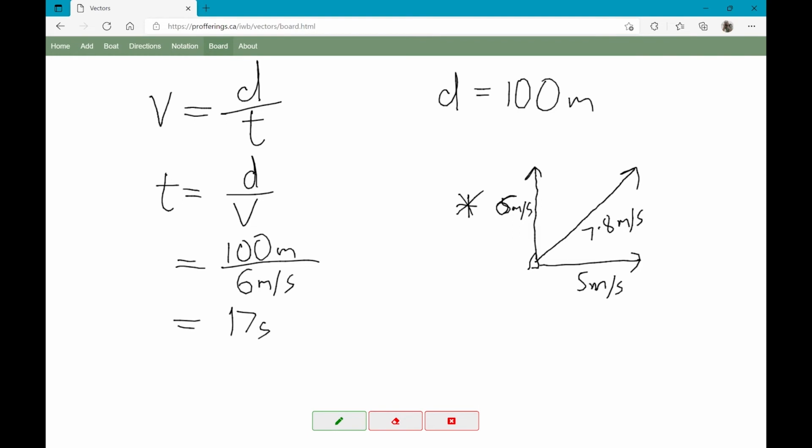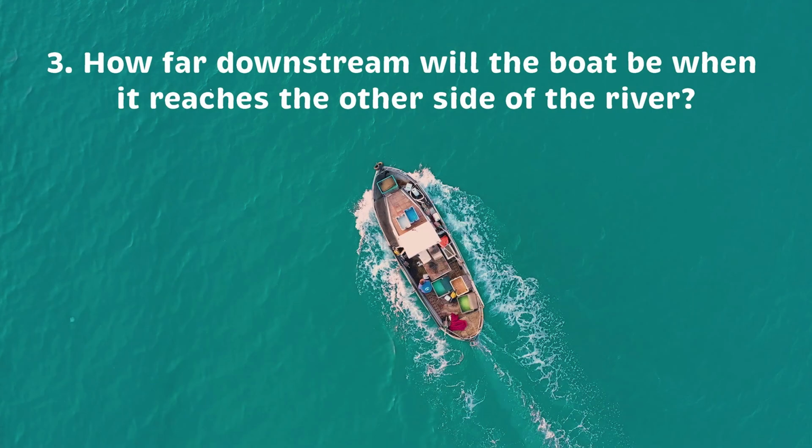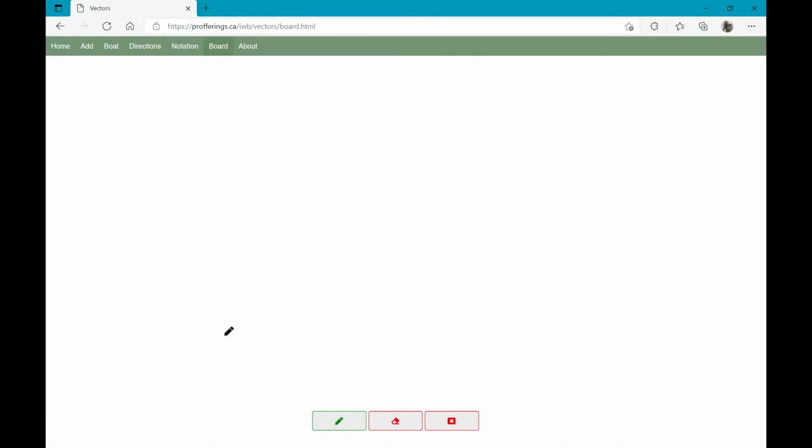Next question. How far downstream will the boat be when it reaches the other side of the river? Once again, our boat is traveling on some angle at 7.8 meters every second. But that's on an angle. It's still only going 5 meters further downstream every second and 6 meters further across the stream.